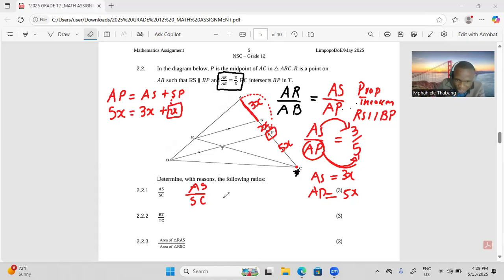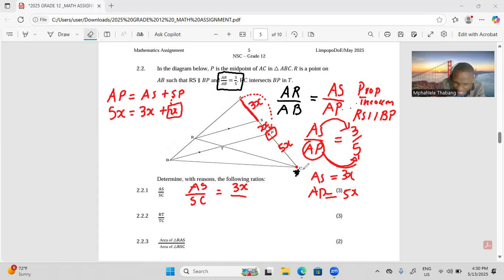Now, it's easy to know this AS over SC. AS is 3x. SC, the distance from S to C, I said SP is 2x, PC is 5x.